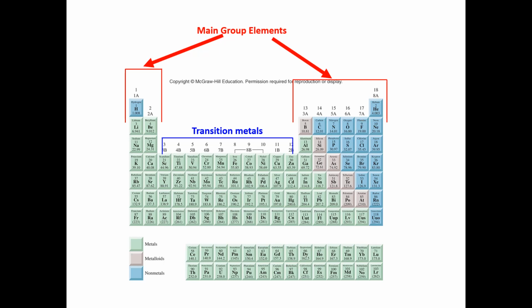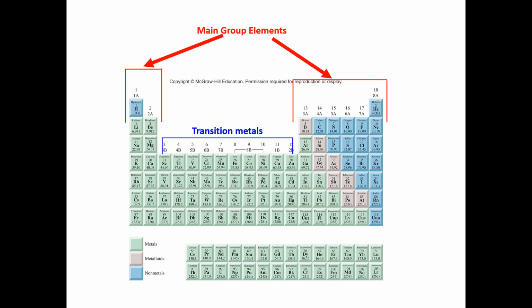The older numbering system has these taller groups labeled 1 through 8A, and the transition metals here in the center are B. The newer system, which is what IUPAC currently designates, and IUPAC is kind of the authority in naming elements and rules to do with chemistry, typically designates these columns as 1 through 18. Now the older system does have some uses, as we'll see as we move along.